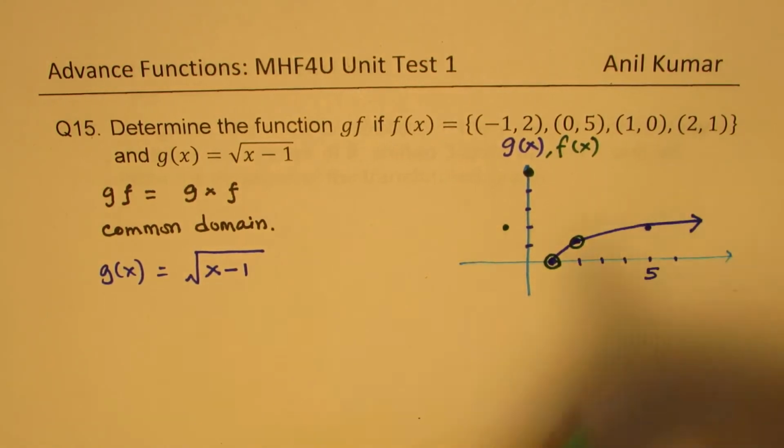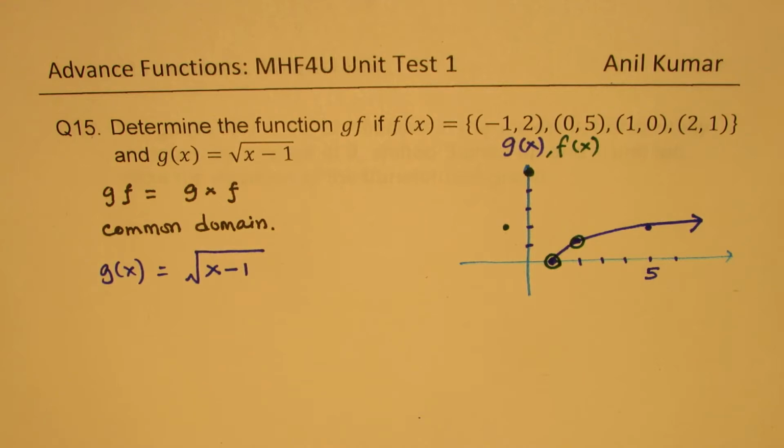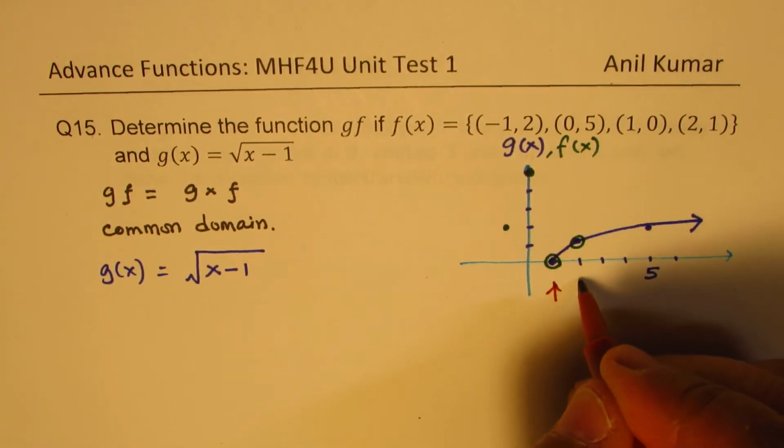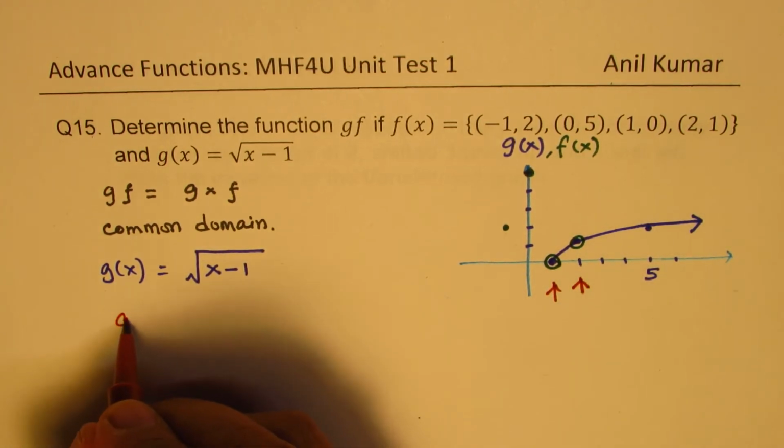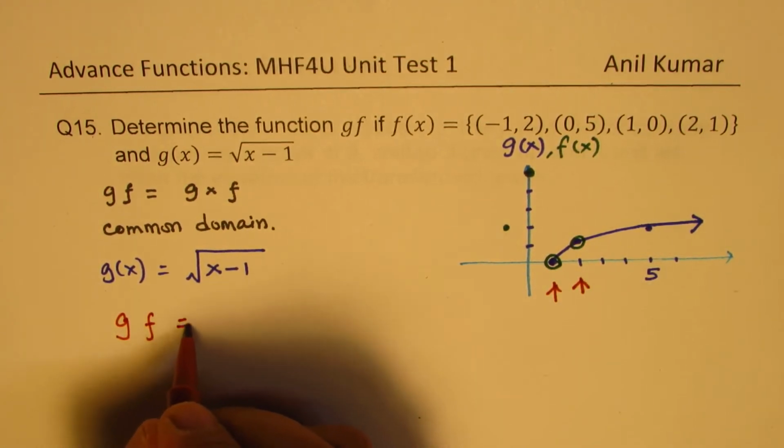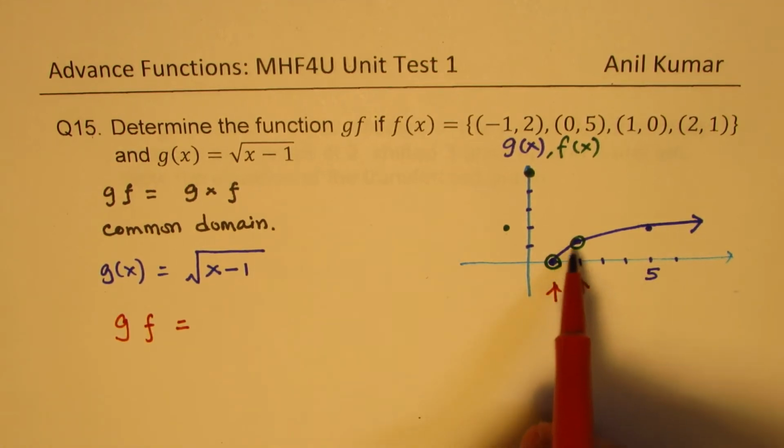These are the values. Now clearly, you can see from here that these are the only 2 values which are in the same domain, right? So these are the only 2 points which can be multiplied, correct? So we could write g of f as equal to these 2 points.